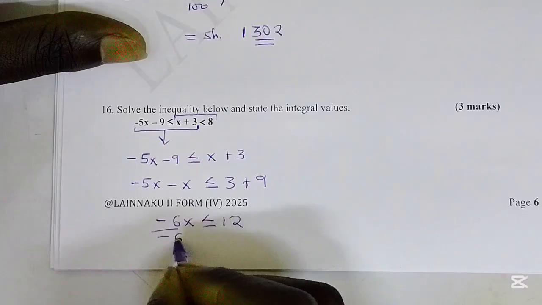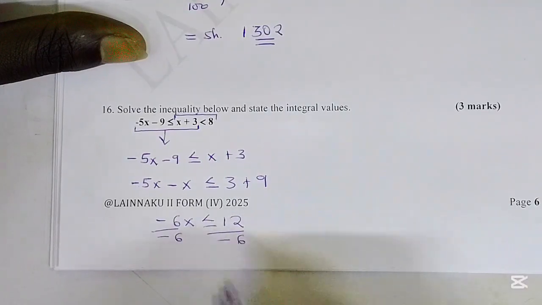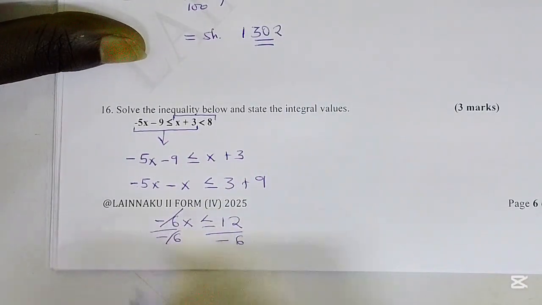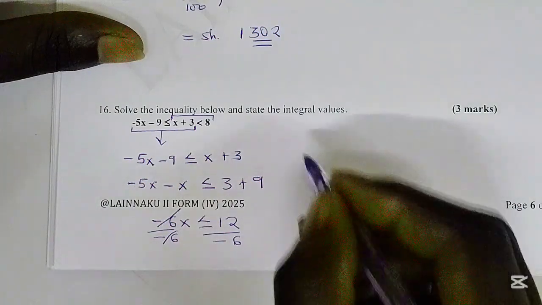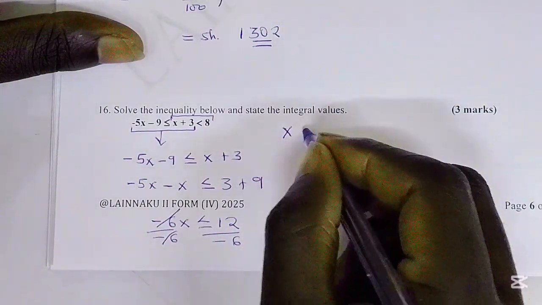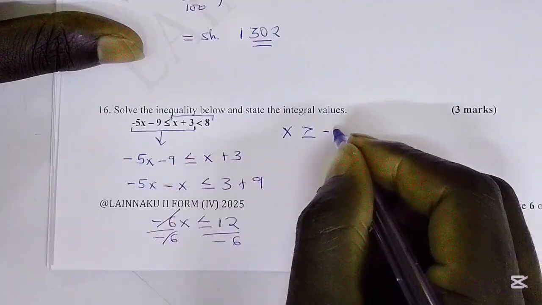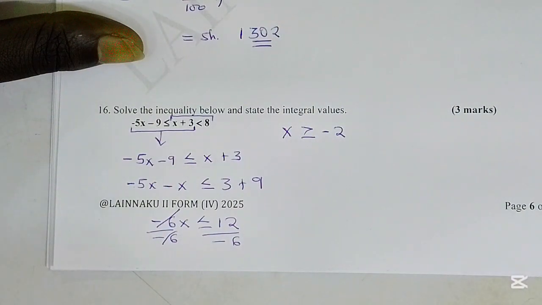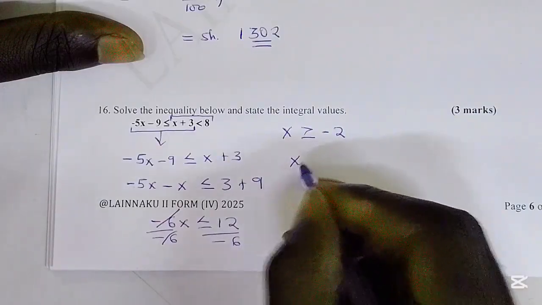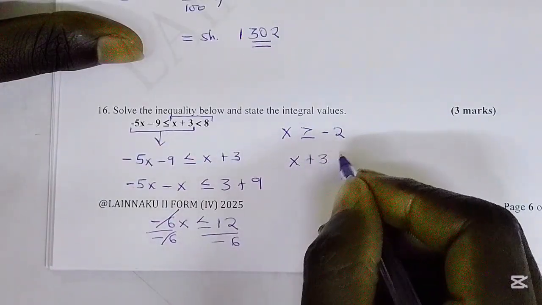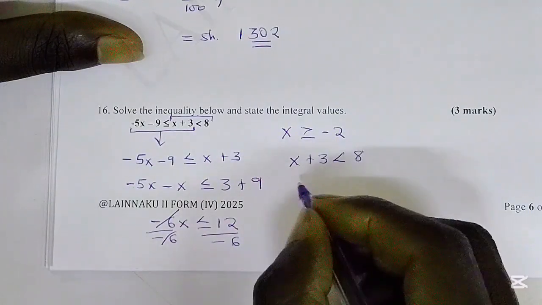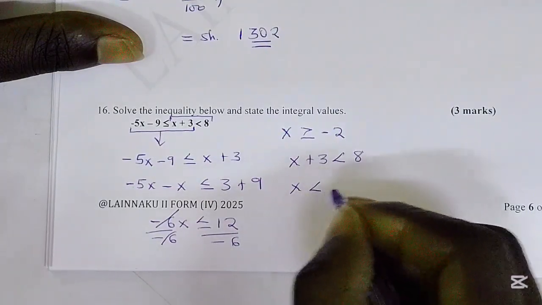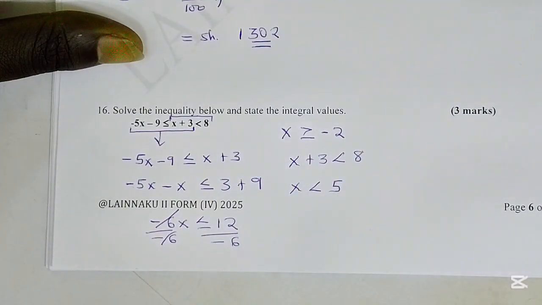Divide by negative 6 both sides. The moment you divide with a negative, the inequality symbol changes direction. So it means that x is greater than or equal to negative 2. Tackle the second bit. The second bit says x plus 3 is less than 8. Subtract 3 from both sides, you find that x is less than 5.